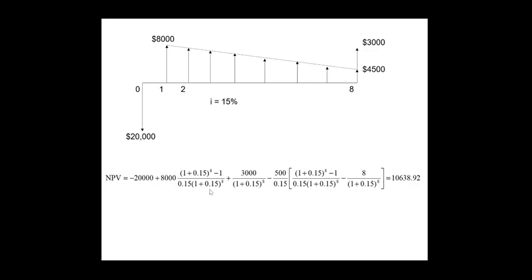This factor is the uniform series present worth factor, with uniform series of 8,000. Okay, uniform series present worth factor to convert the uniform series to present time. Okay, and plus 3,000 divided by 0.1 plus 0.15 to the power 8.